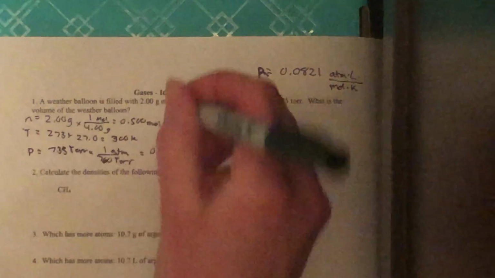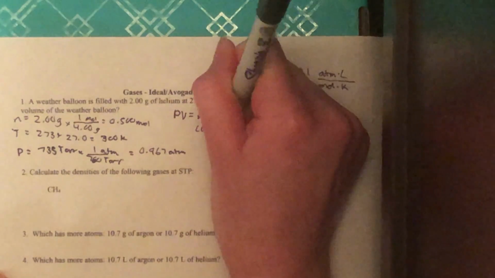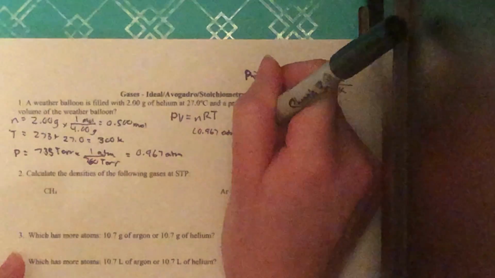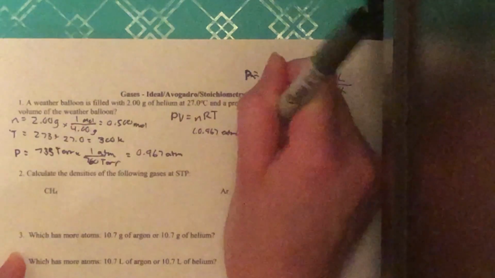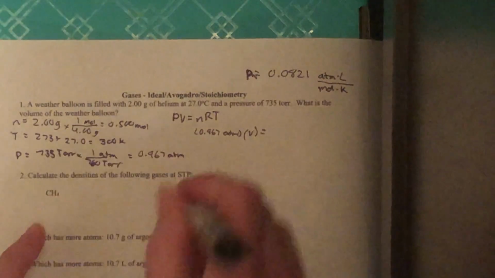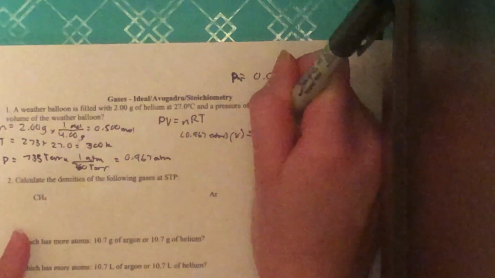So now we can go ahead and fill in the blanks in our equation. We know that our pressure is 0.967 atmospheres. Our volume is what we want to find. We have 0.5 moles of helium.